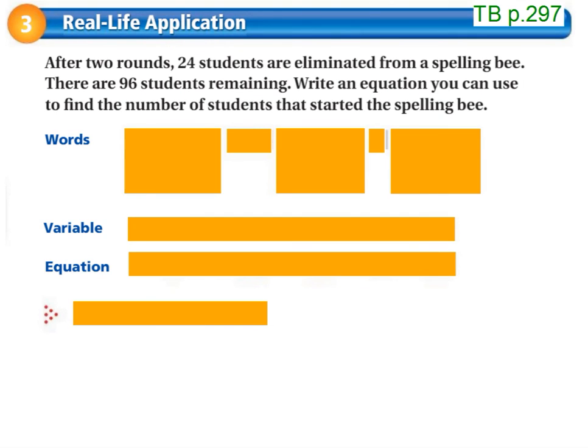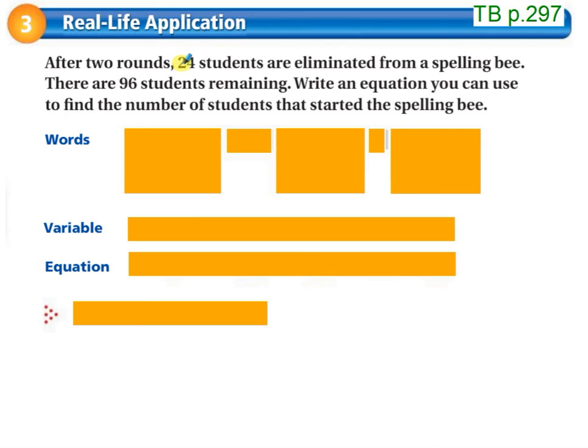Okay, now let's talk about application. When would we need to use this? So here's an example of a real-life problem. After 2 rounds, 24 students are eliminated from a spelling bee. As I go through this, I'm going to highlight the important information that I will need later on. Let me grab the highlighter.